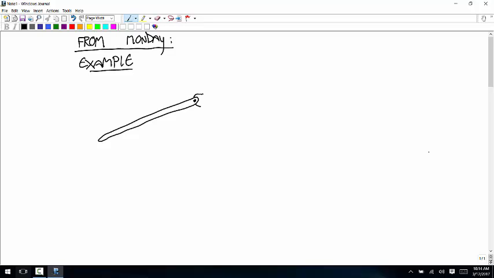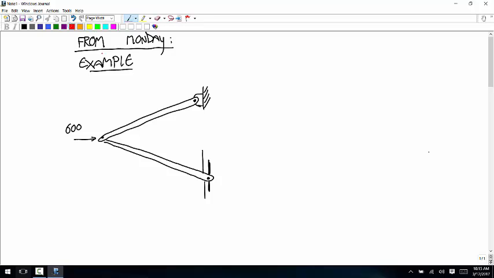Okay, so we have something like this. Connected by a pin there. There was a 600 Newton force at the pin. I probably numbered those.